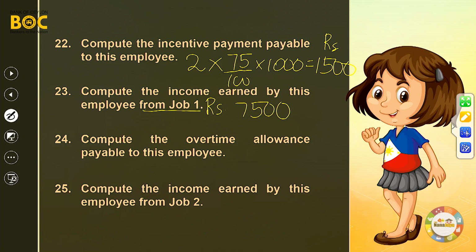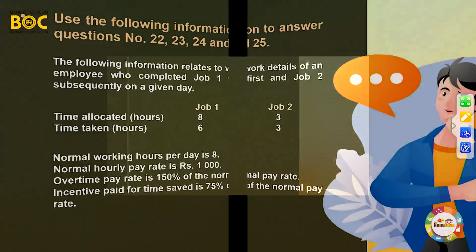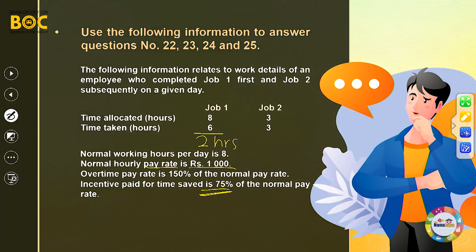$7,500. To compute the overtime allowance payable, how do you identify the overtime allowance? How many hours do they have to work? In this company you have to work 8 hours.